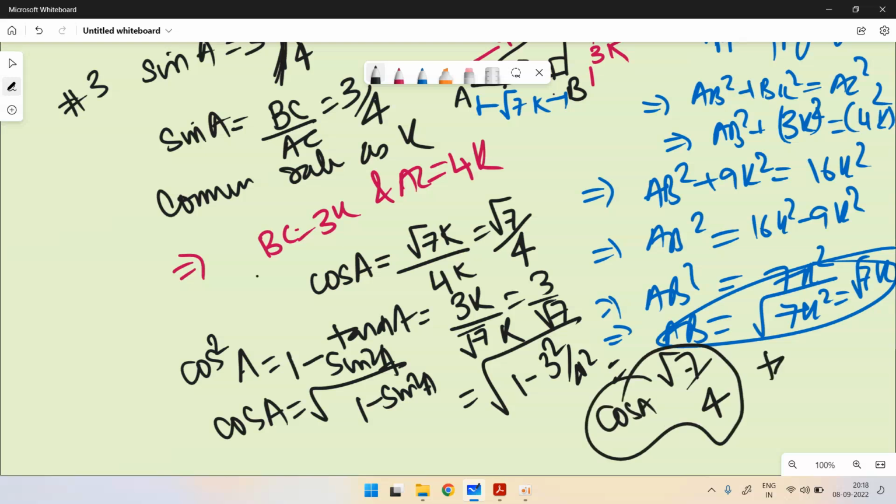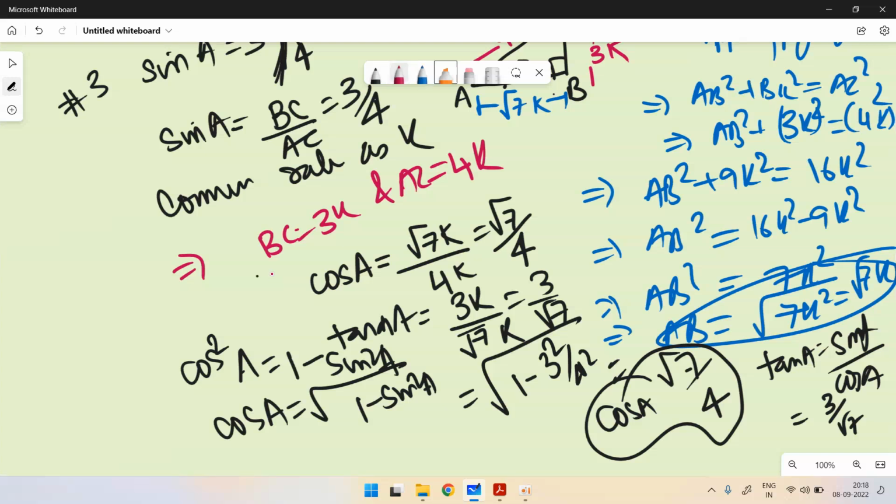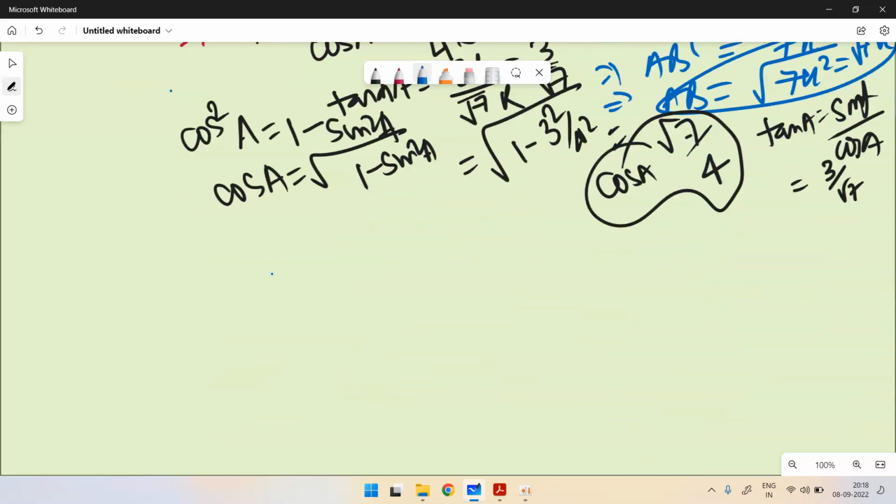And for tan A, you know that it is sine A by cos A. If you divide these two, you get 3 by root 7. But this is not given here, up to the knowledge of here, so I am making you solve this answer.